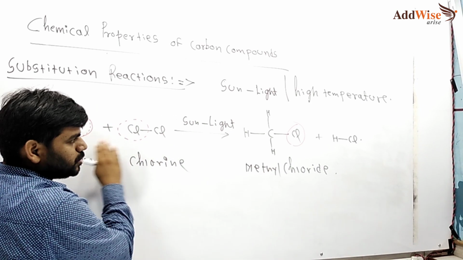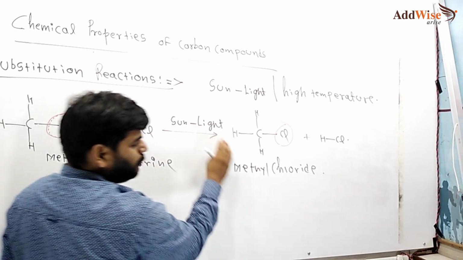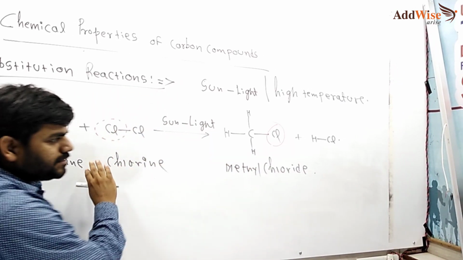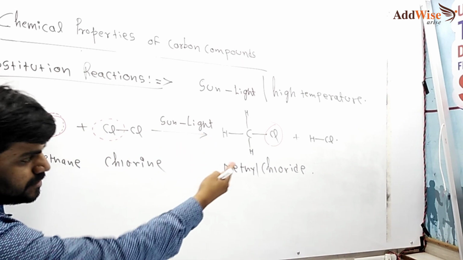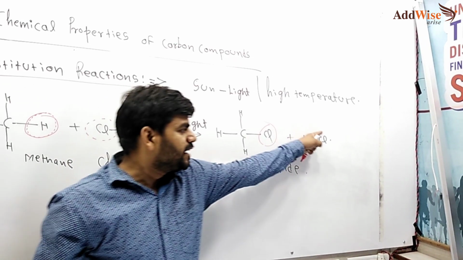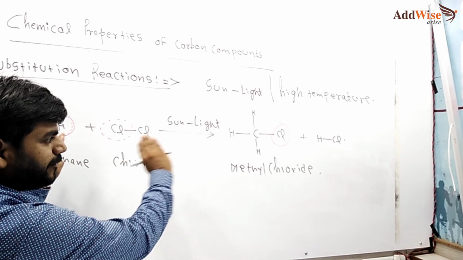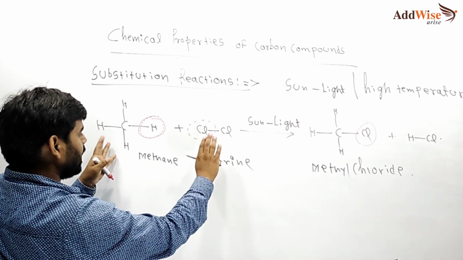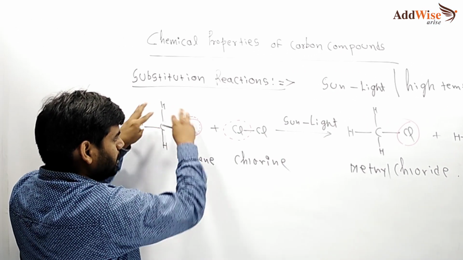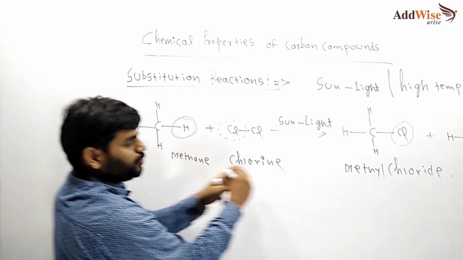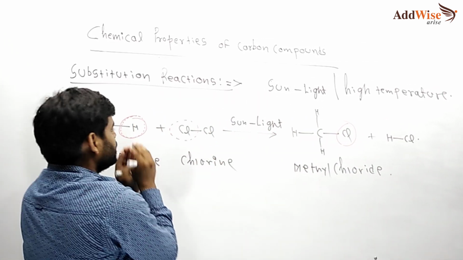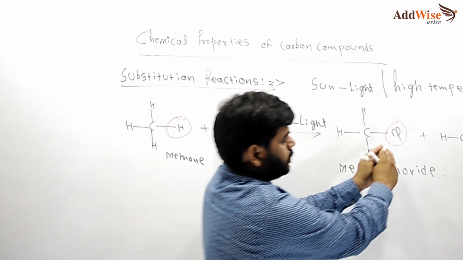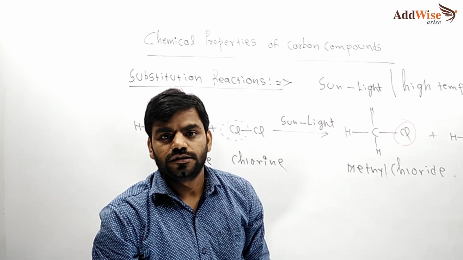So methane on reaction with chlorine in presence of sunlight forms methyl chloride plus HCl. Hydrochloric acid is a byproduct. So this is a kind of substitution reaction. In this reaction, in a hydrocarbon, one atom is substituted by another atom, meaning hydrogen is substituted by chlorine. Understood? Yes, sir. Okay.